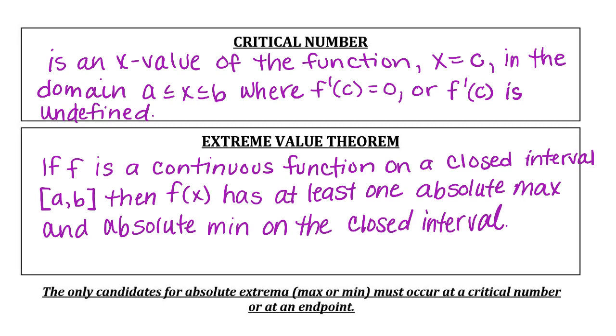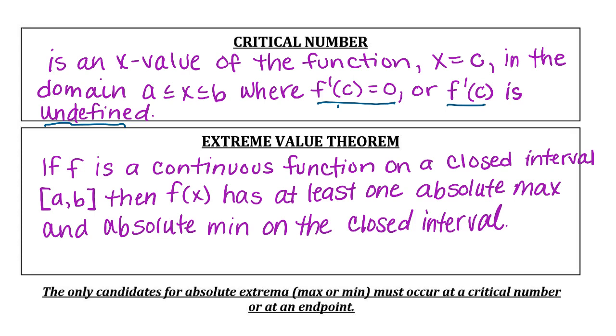So the algebra side of this that I was just referring to is going to be finding a critical number. A critical number is found by finding the derivative and setting that derivative equal to 0 and solving, or where that derivative would be undefined.